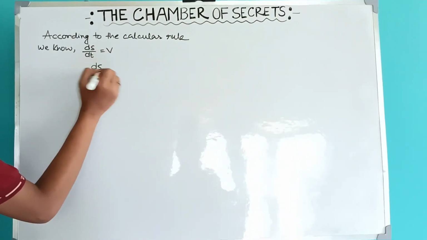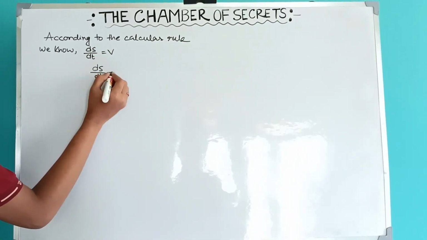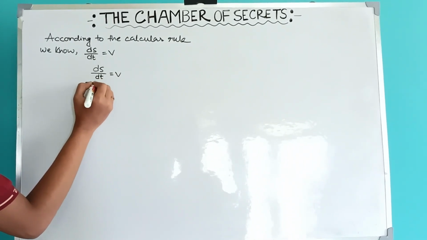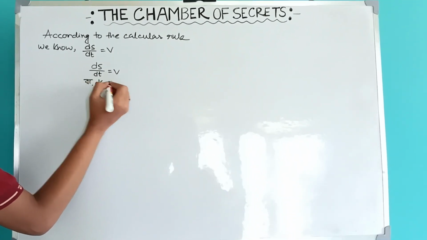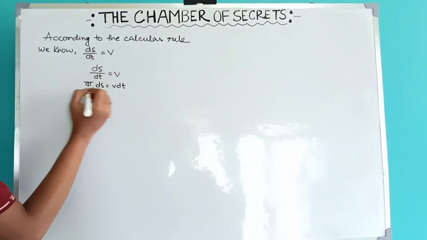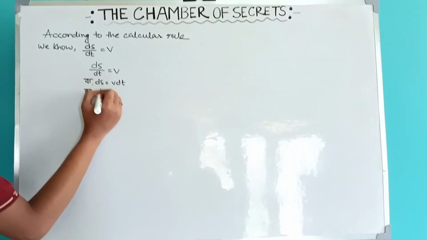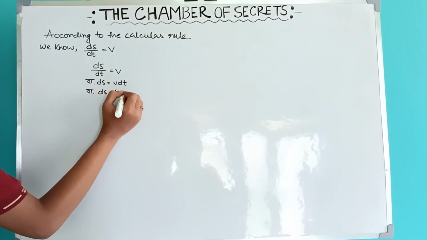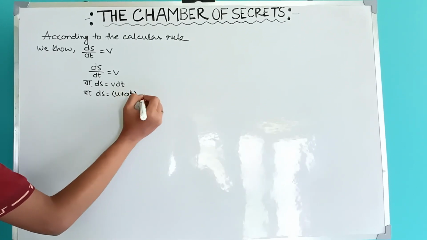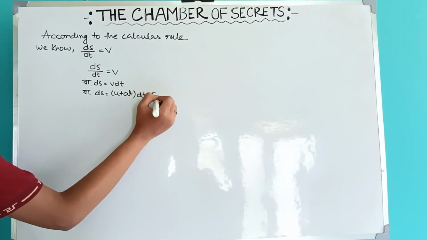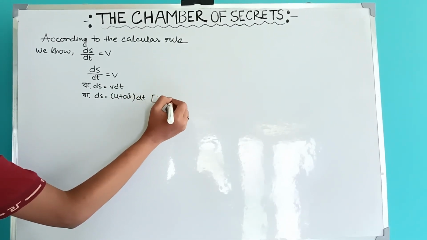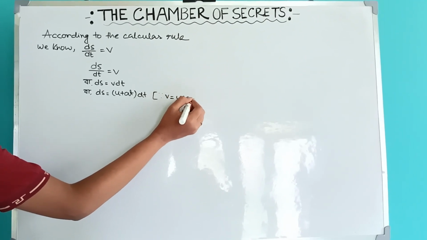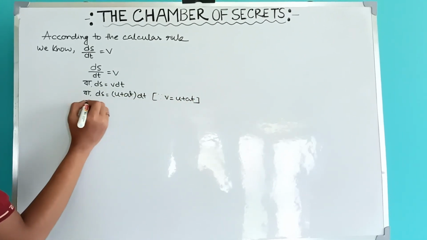So now we can write ds/dt = v, or ds = v dt, or ds = (u + at) dt, as we know that v = u + at. We have already proved the equation.